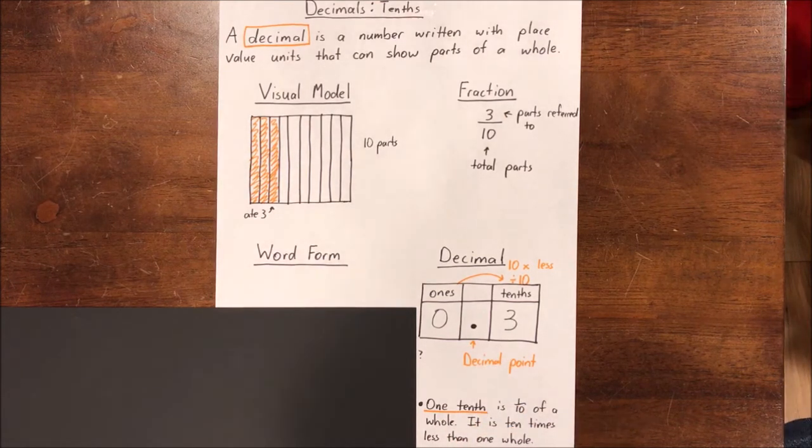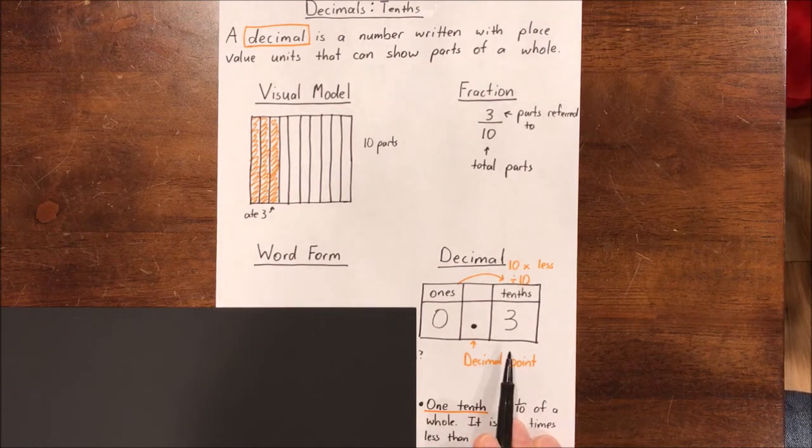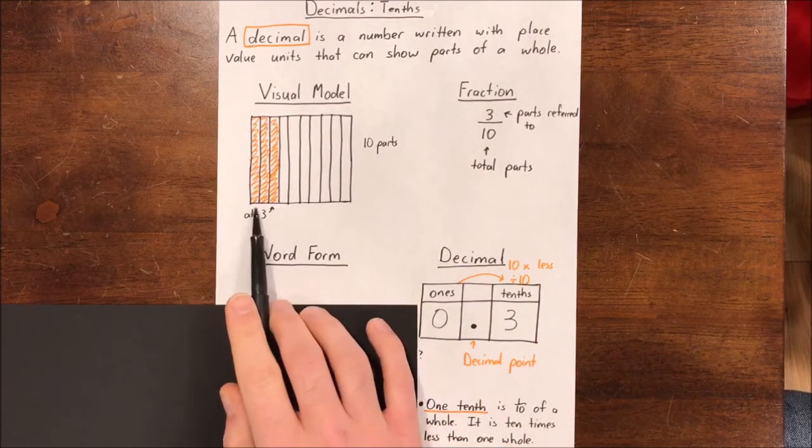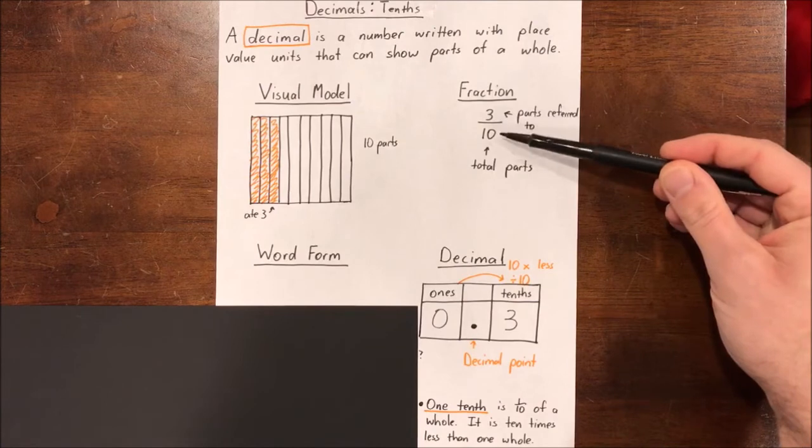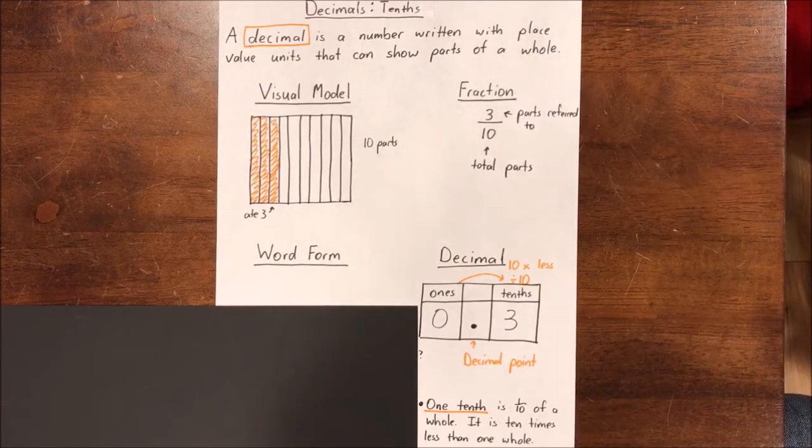Say it out loud. Yeah, it makes sense that there's a 3 in the tenths place because we shaded 3 of the 10 parts of the whole, right? He ate 3 of the 10 pieces of bread.